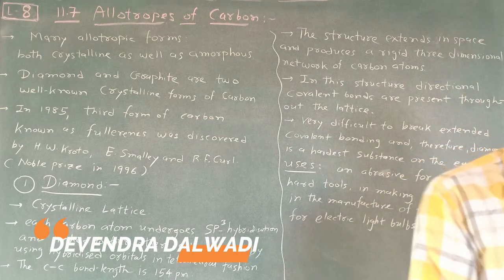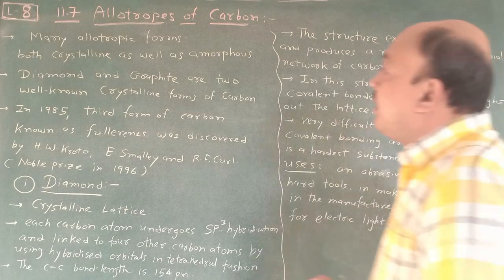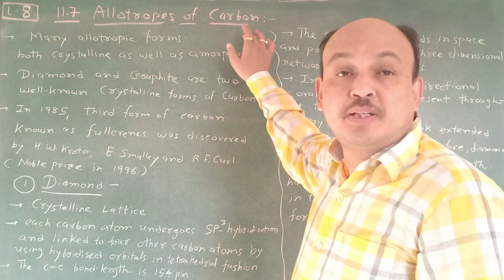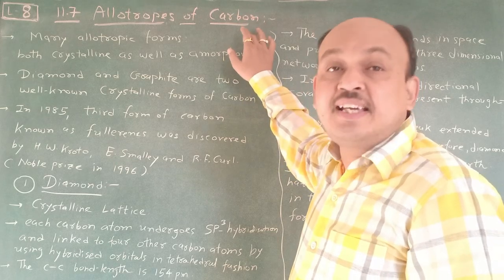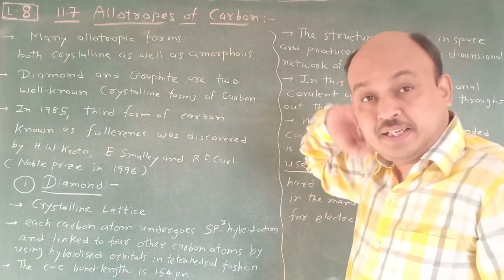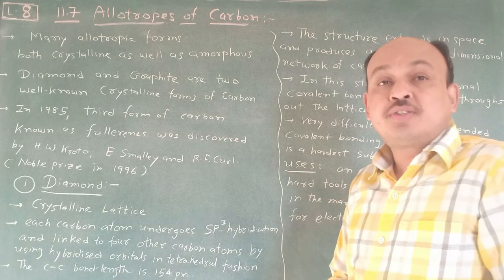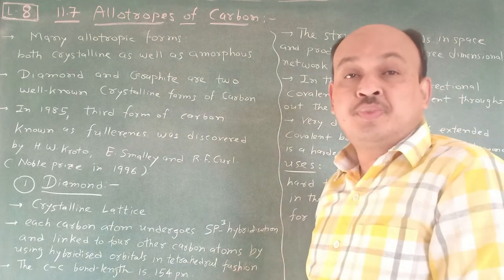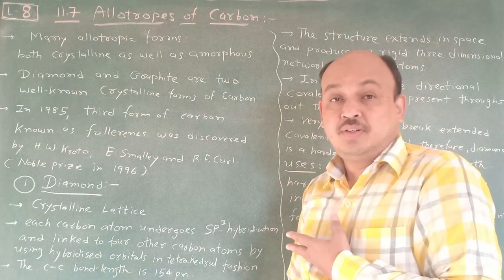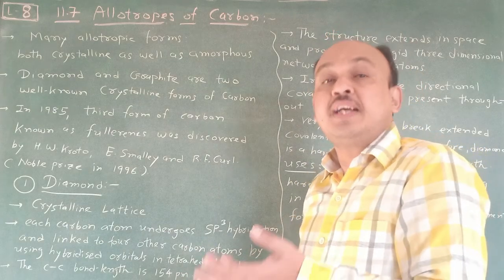First of all, let us understand that word. Allotropes of carbon means carbon is there, but it has different types of properties. Suppose we think about allotropes of oxygen. There are two. One is dioxygen, which we take in inhalation, which is very useful for our health.